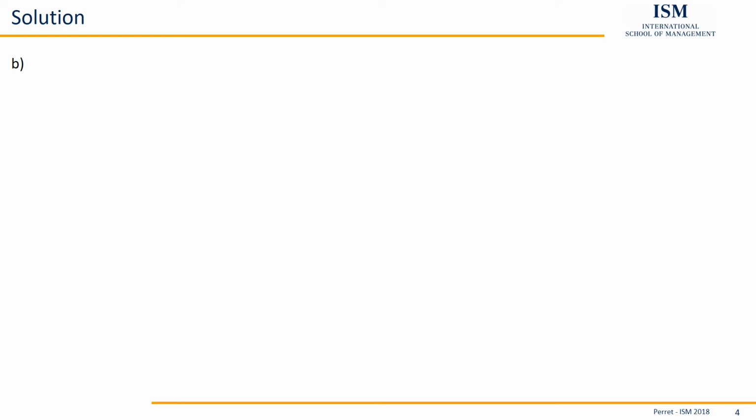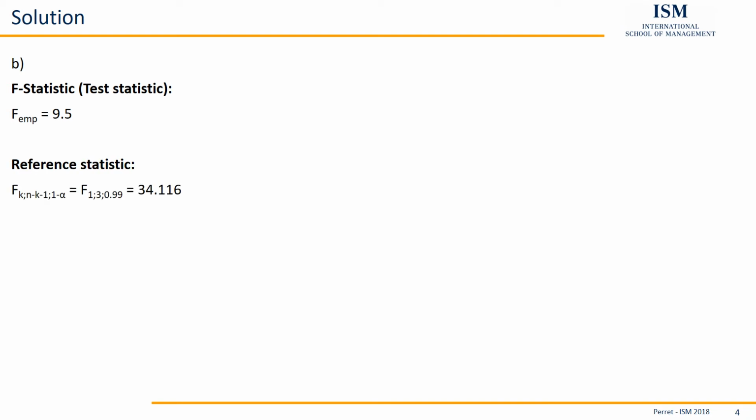So what happens now if we switch to a different margin of error? So here we have the same test statistic because the margin of error does not impact the test statistic, but we get a new reference statistic. The 2 degrees of freedom, k and n minus k minus 1, remain the same, but alpha changes to 1%.